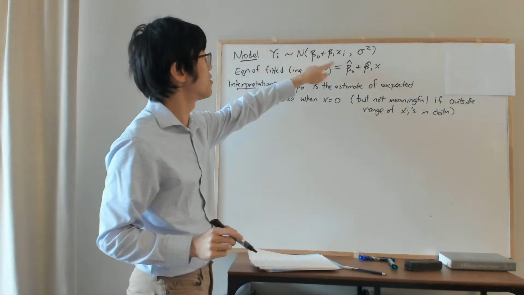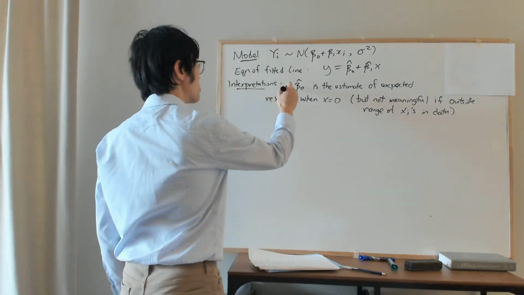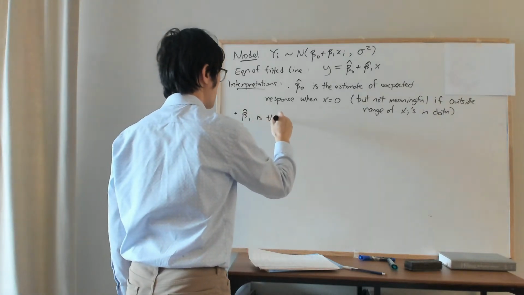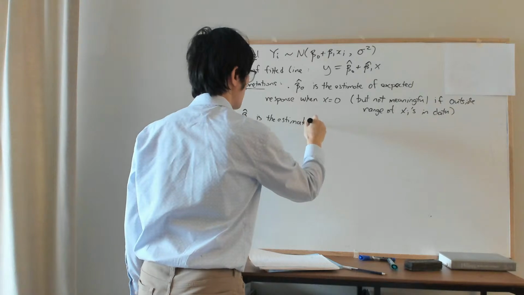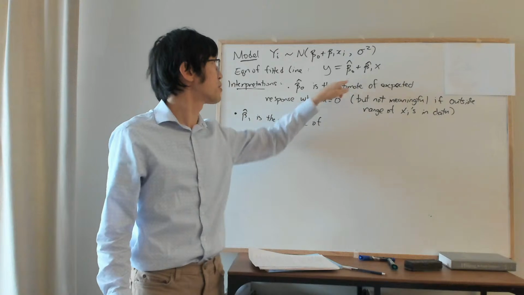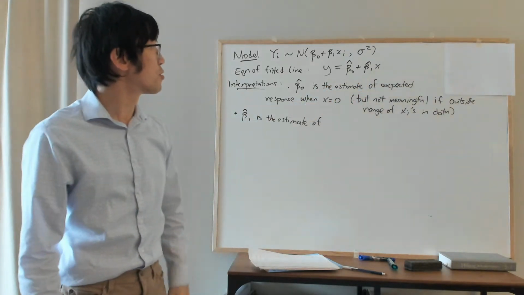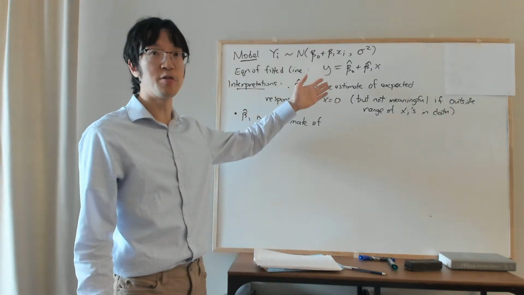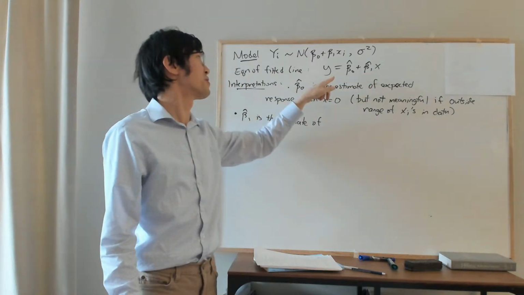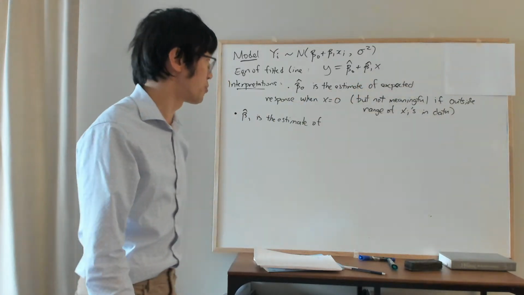Okay, so the other parameter is beta 1. Let's talk about its interpretation. So beta 1 hat. Again, it's an estimate. Now we can see from the equation that it corresponds to the slope of our straight line, and so as we understand from the equation of a straight line, if we increase x by 1 unit, then the change in y would be governed by the slope beta 1 hat.